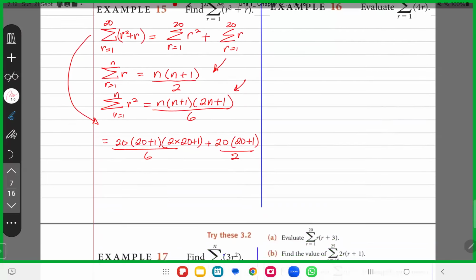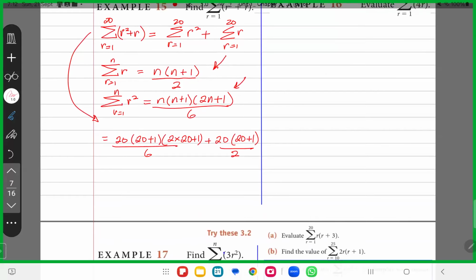So, of course, we can work this out using our calculators. So this is 20 times 21 times 41 over 6 plus, you could say 10 times 21, because 2 goes into 20 10 times.